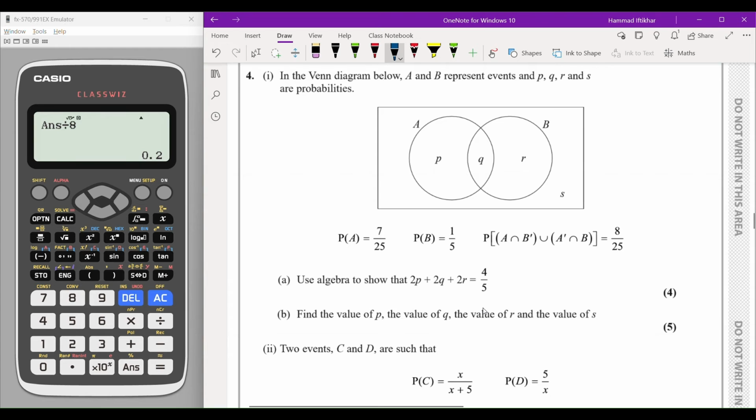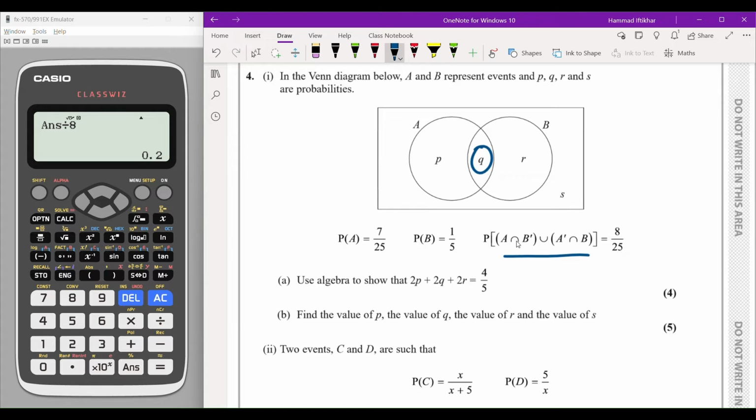Now the probability of A is 7 over 25. Probability of B is 1 over 5. Okay, so let's see what this is all about. From A and B, we can find out Q, although not directly, but let's try that anyway.